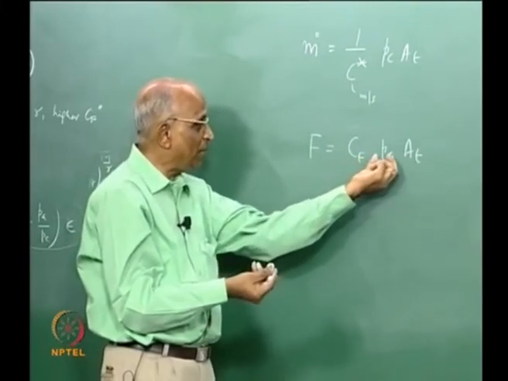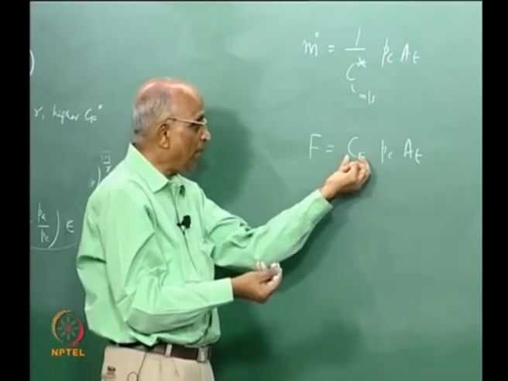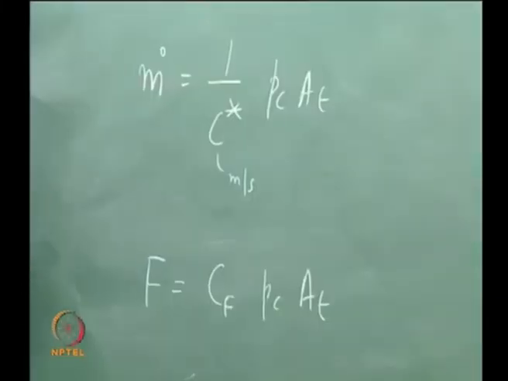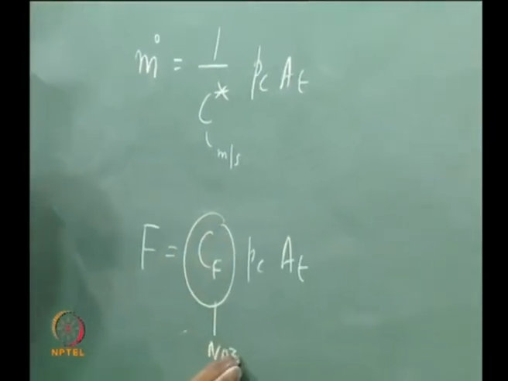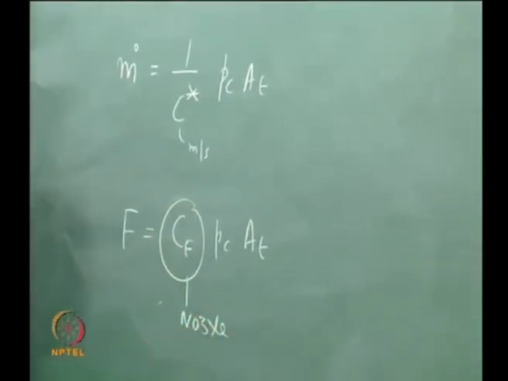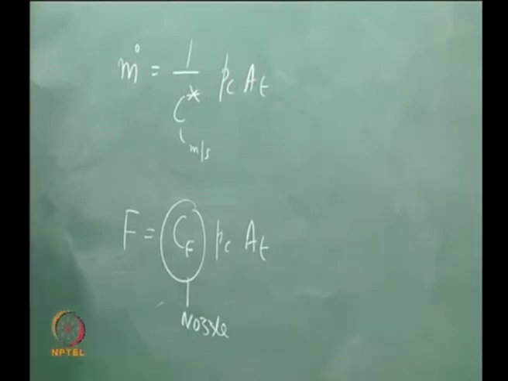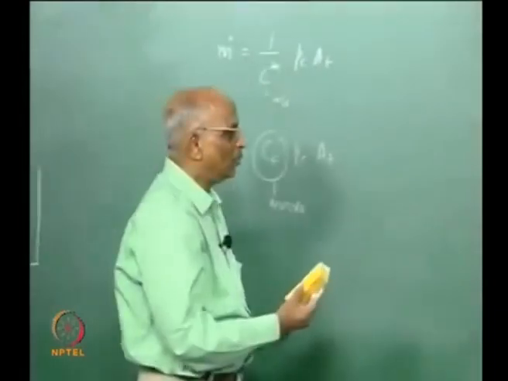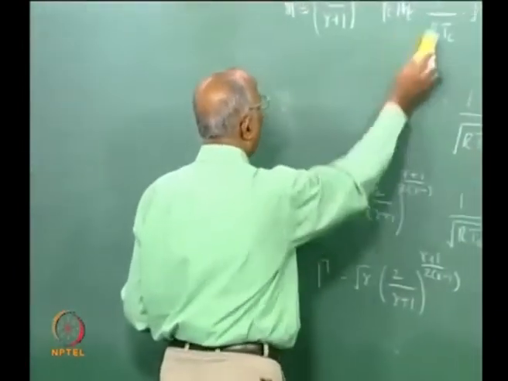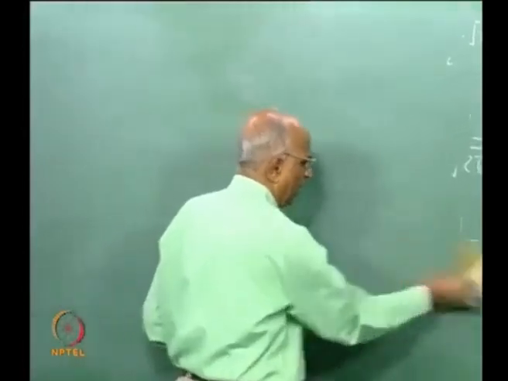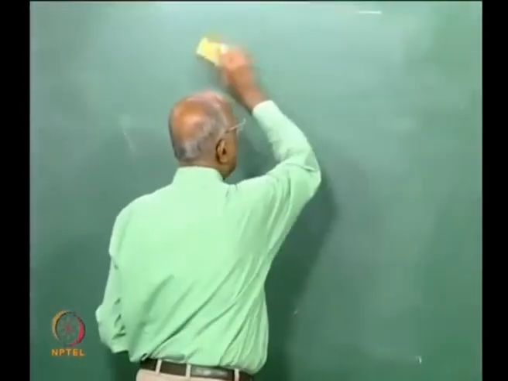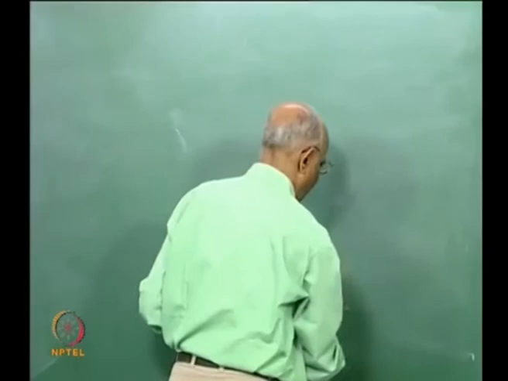It takes the chamber pressure, multiplies by a coefficient, it gives you the force, and that is why we say this is the performance of a nozzle. I think I need to go a little deeper into this particular expression. Therefore, let's write out these two expressions in a slightly different form and dwell on this for maybe the next couple of minutes, and with that I think we would have done some justice to the nozzle.